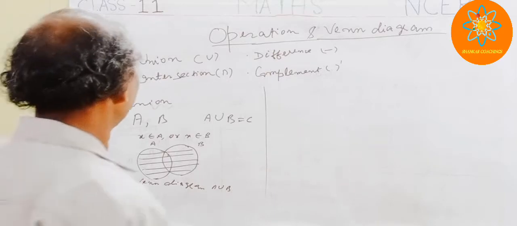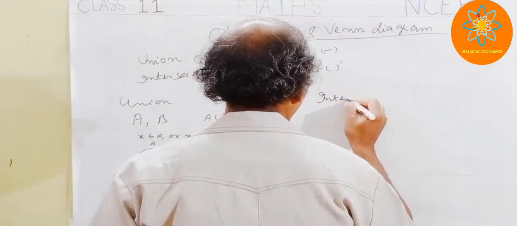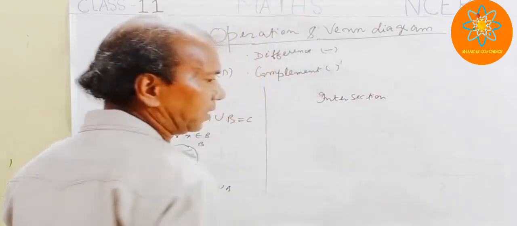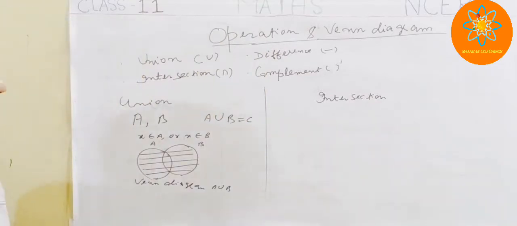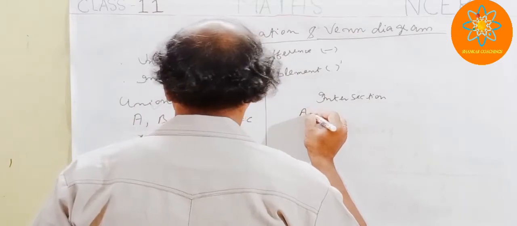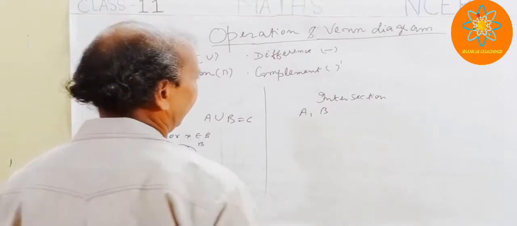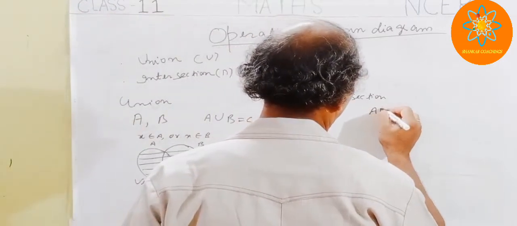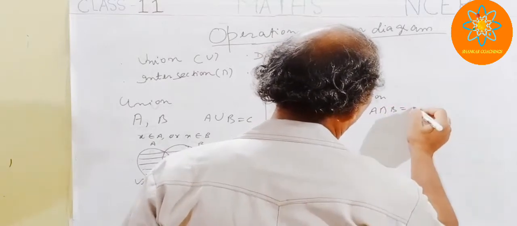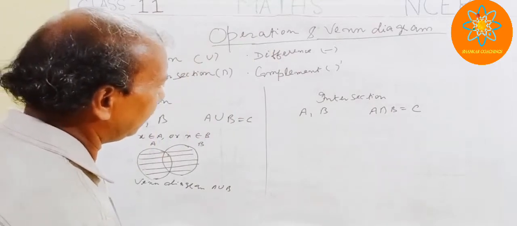Now next I will take the intersection. Suppose sets A and B are there, and I represent this as A intersection B. Suppose this is your C. What does it mean?